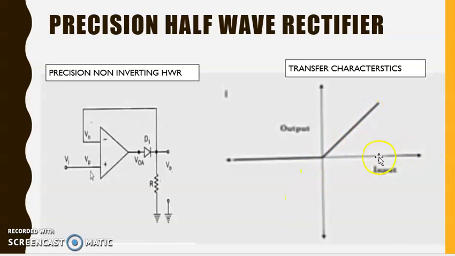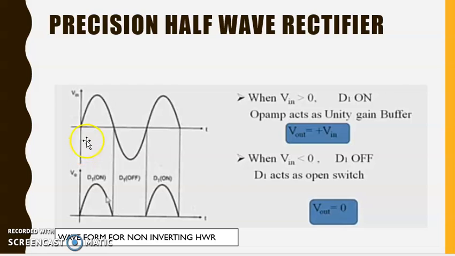As the input increases, the output increases. You can see here in this graph. Like this, in the positive half cycle the diode conducts and we get a similar output, as you can see in this graph. As the positive half cycle increases, the output also increases, similar to the input.